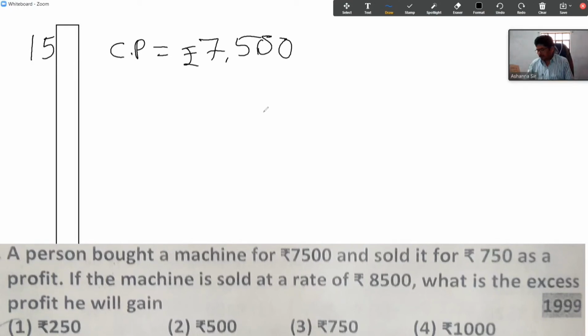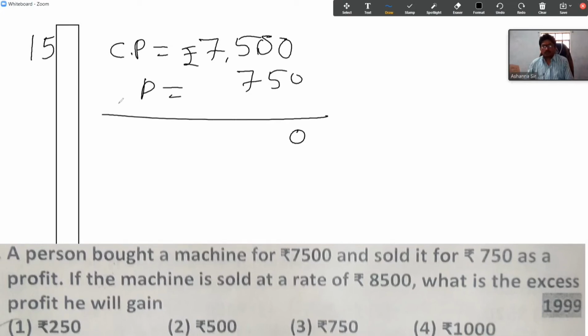Sold it for 750. So this is the profit, 750. If we add this, we get the selling price.